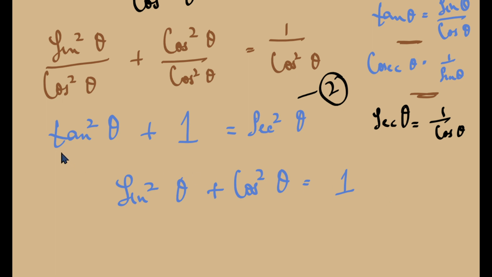Actually, you don't have to remember all this tan squared theta plus 1 etc., because all of them are arrived at using our first identity. So it's enough if you recollect the first identity, sine squared theta plus cos squared theta is equal to 1.